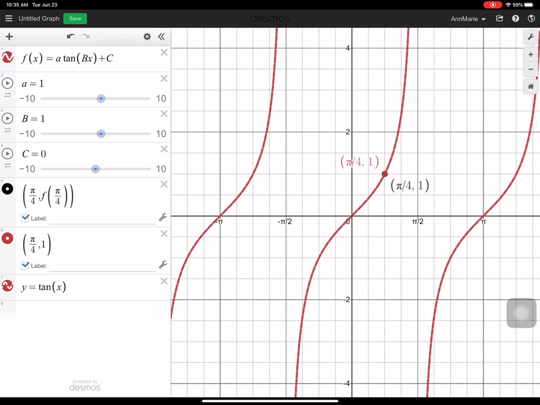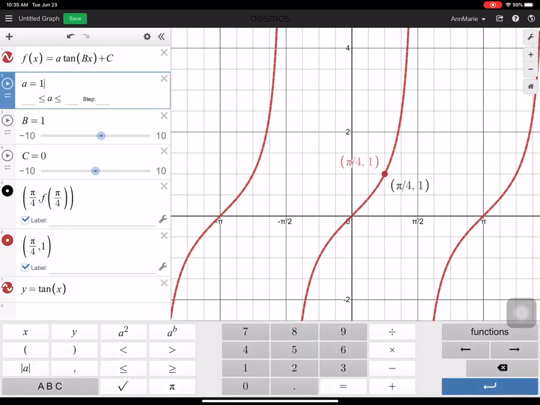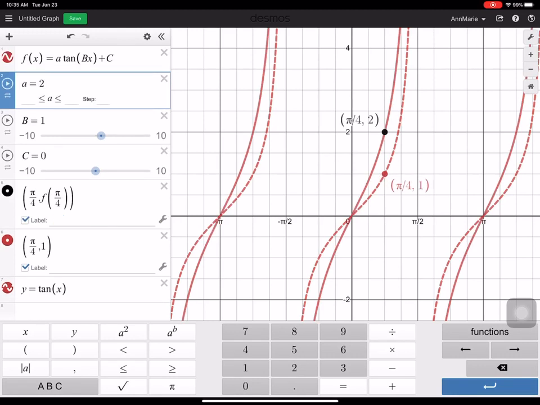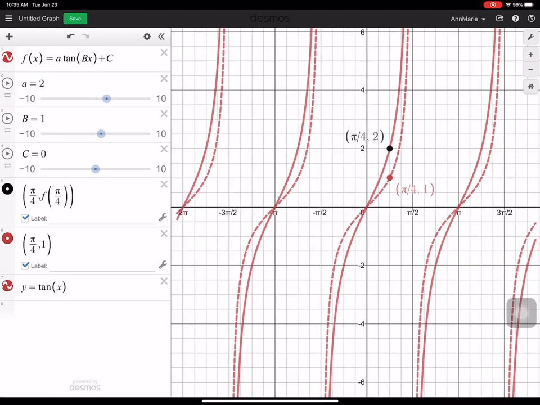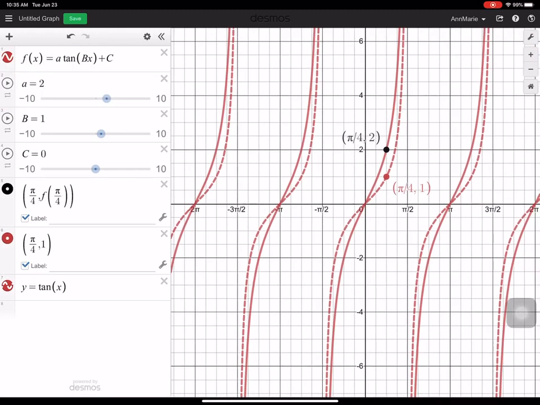So I'm going to make my vertical stretch, my external multiplier, be 2. And notice what happens. My curve gets steeper, right? It's stretched vertically. The point that was at 1 is moved up a unit.